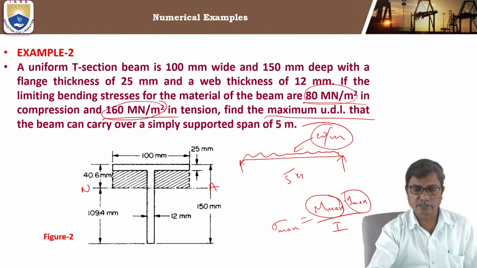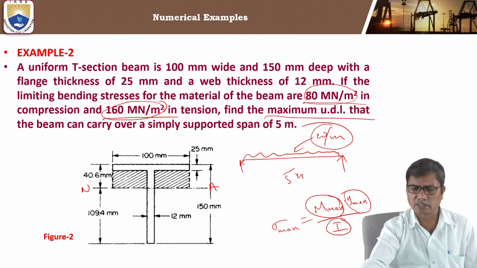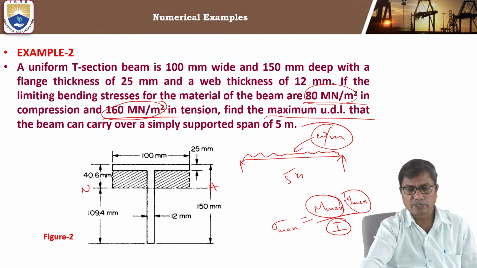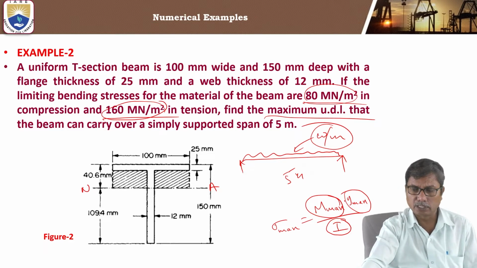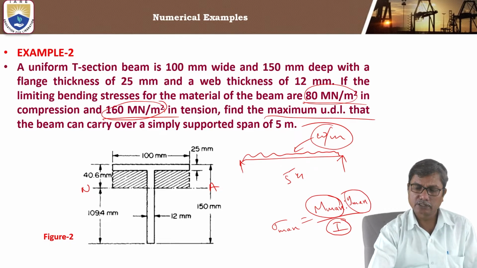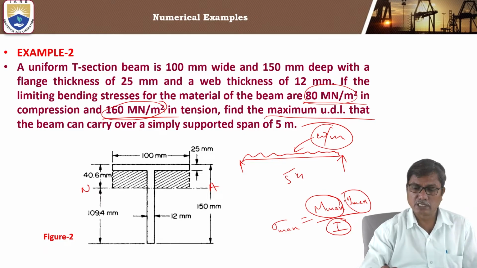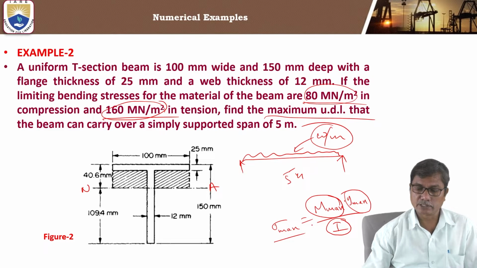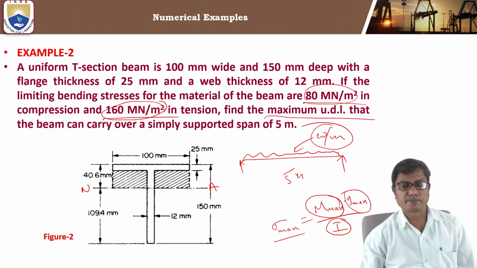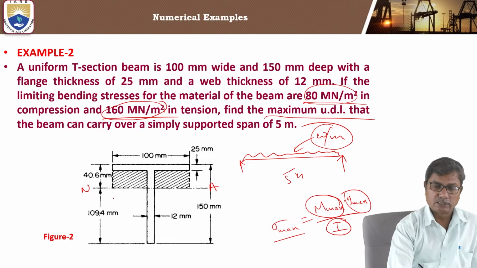After that, we find the moment of inertia, or second moment of area, of the given T section about the neutral axis. Only after this can we find the maximum bending moment based on limiting stress in compression and tension.